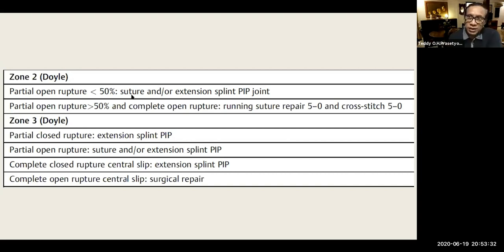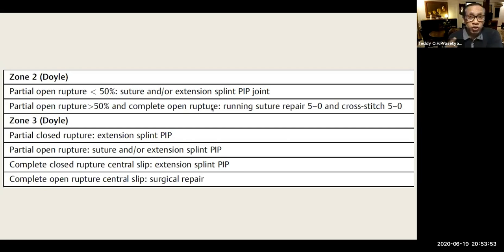because less than 50% of the intact or well-connected structure would not be strong enough to deal with the strength of the pulling effect when the patient extends the finger, so it may rupture more.